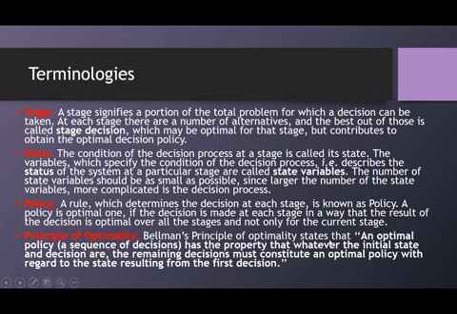Bellman's principle of optimality states that an optimal policy or a sequence of decisions has the property that whatever the initial state and the decision are, the remaining decisions must constitute an optimal policy with regard to the state resulting from the first decision.